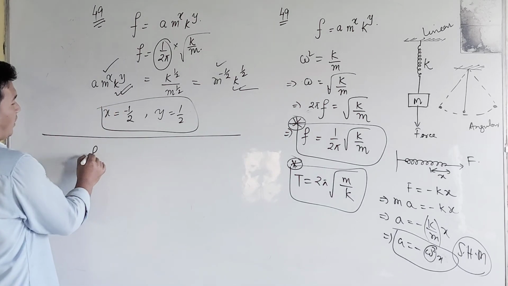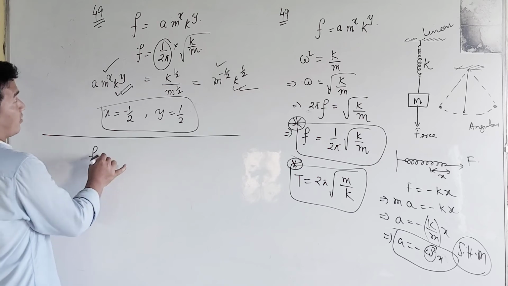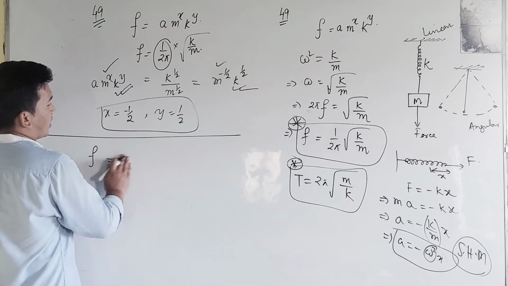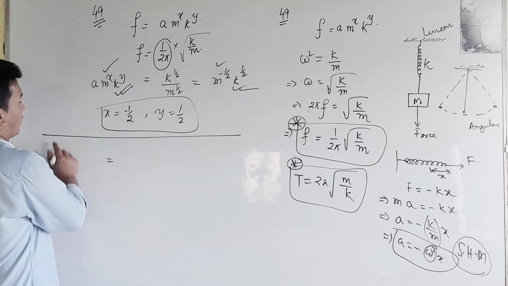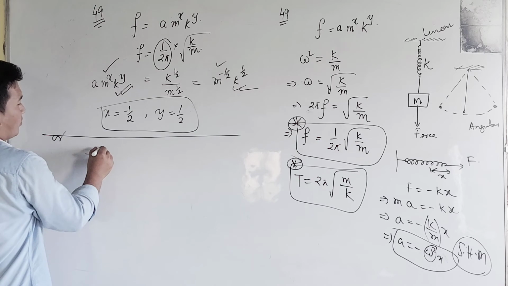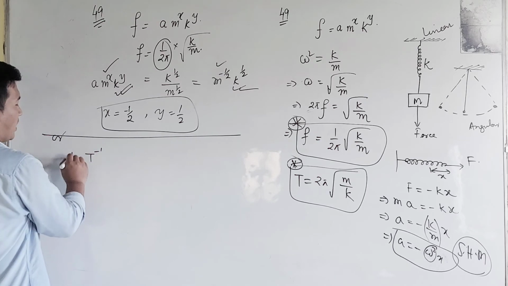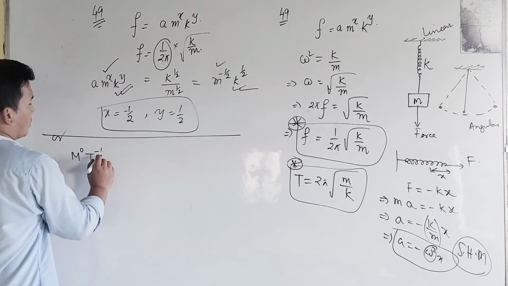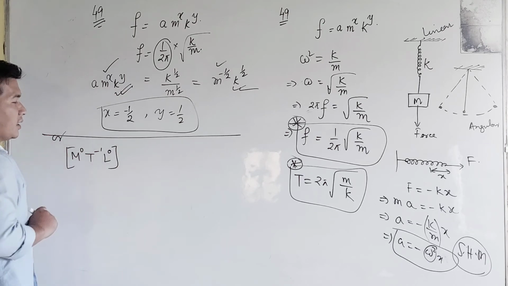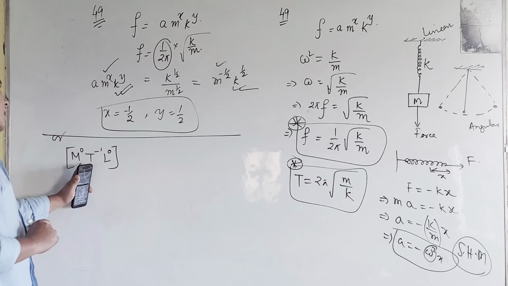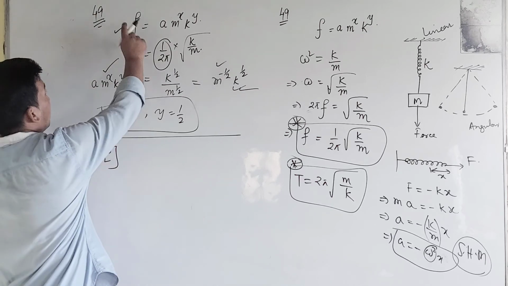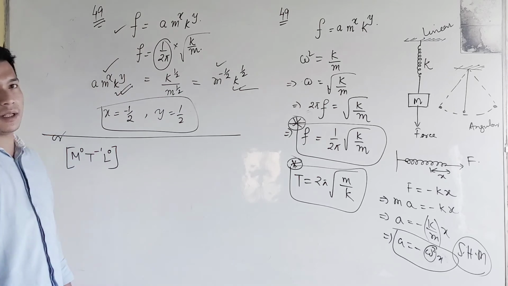The frequency f will be equal to a dimensionless constant, and the frequency we can put like this: T inverse 1, that is M0 L0 T inverse 1. Understood or not? If we use this equation, what is the dimensional formula of frequency?